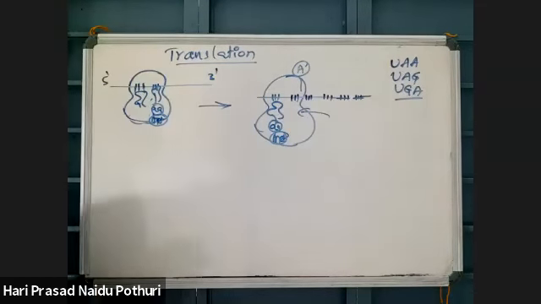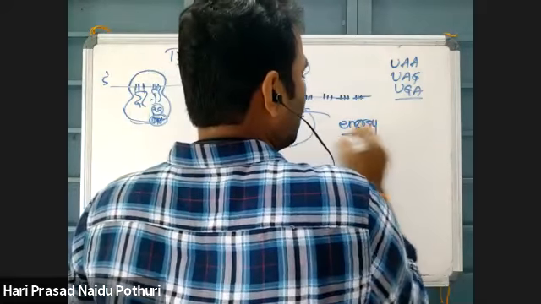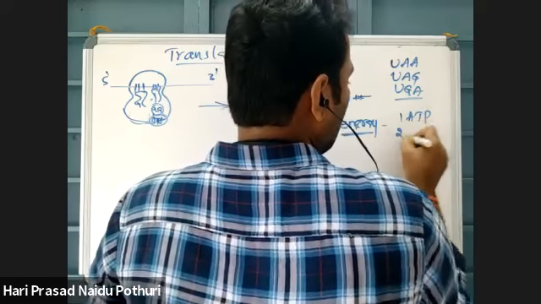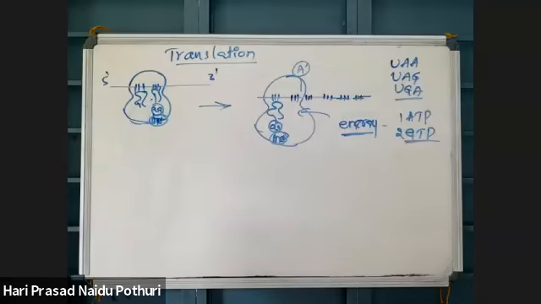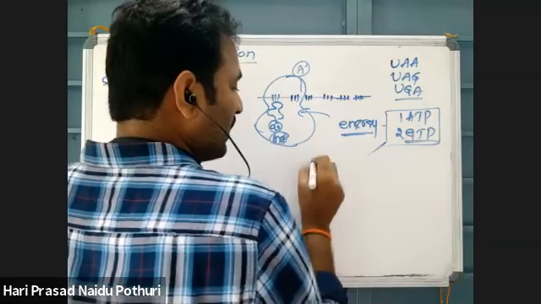For the elongation process, energy is also required. One ATP molecule and two GTP molecules are used for the elongation process. This energy is used for only two reactions.